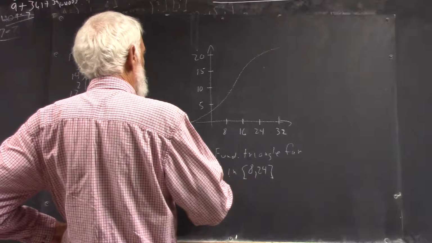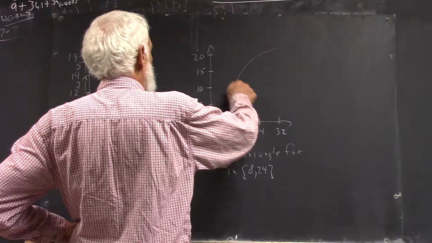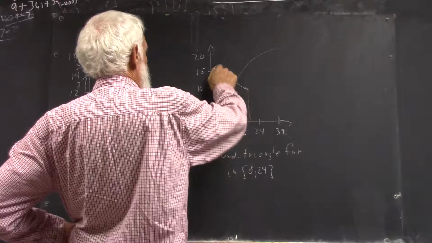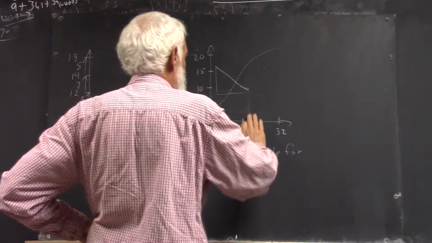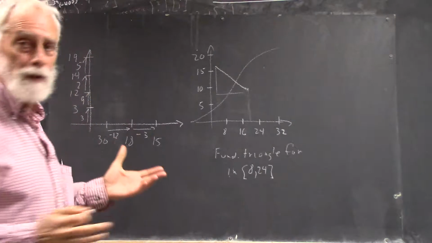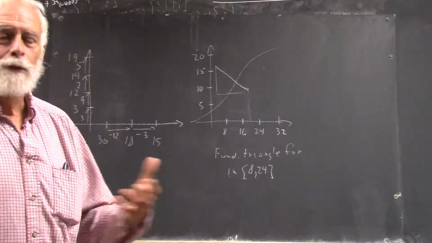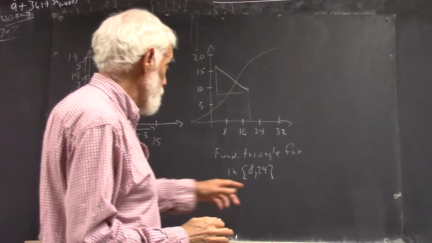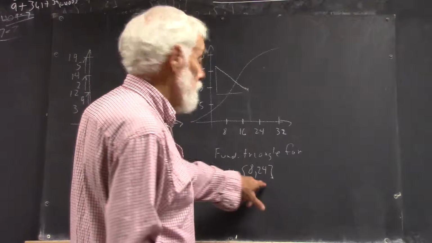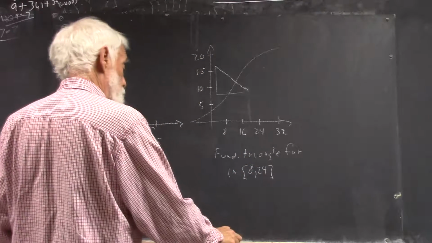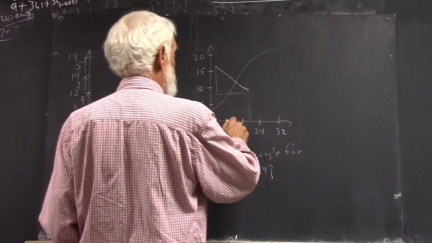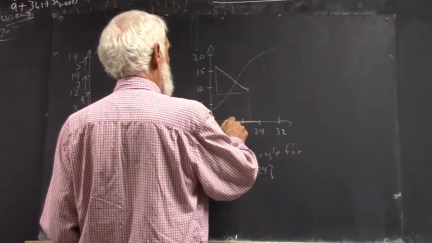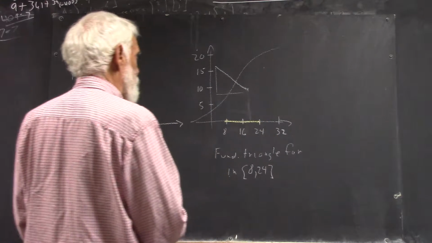And I see a fundamental triangle that goes from here to here. I mean, I've seen such things, okay? Fundamental triangle, let's be careful, let's be sure we understand where the fundamental triangle for that interval is. That interval is from 8 to 24. I've drawn this picture before. So it goes from here to here.